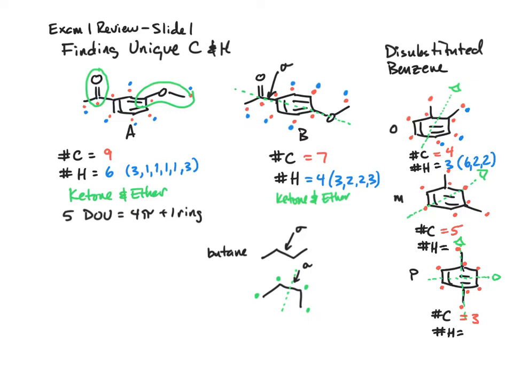What about for the M isomer? How many unique sets of hydrogen do you have? Someone's throwing me a 4. So it is 4. You have this one here, that's 1.